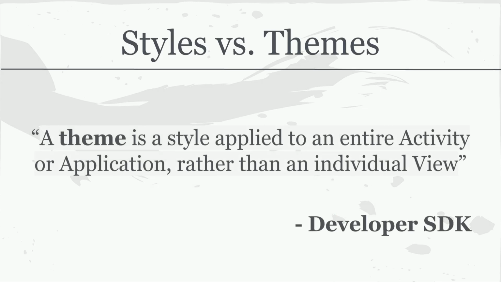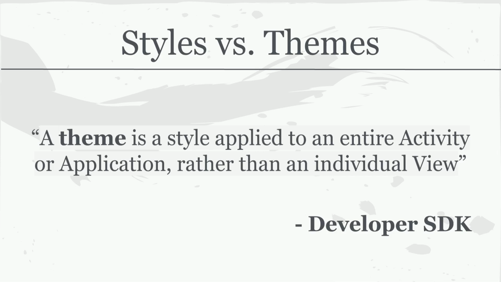From the developer SDK, a theme is a style applied to an entire activity or application rather than an individual view. So if you want to take a style that you've defined and just apply it to an entire activity or application, you do that using themes. Now, when would you want to do this? You typically want to use themes with much more generic attributes, such as the background of the window.